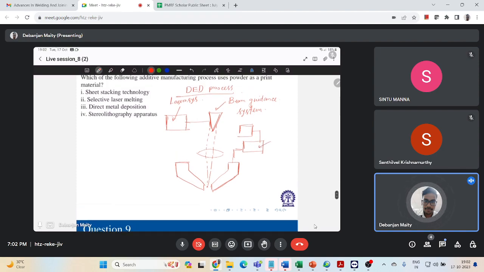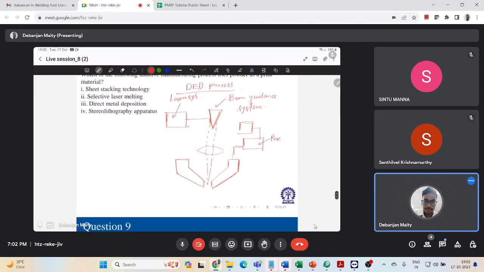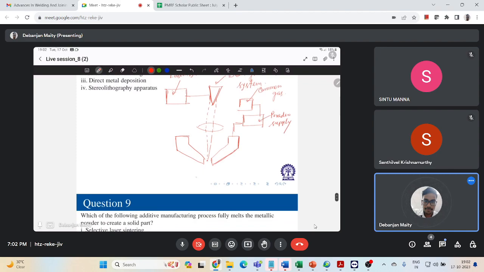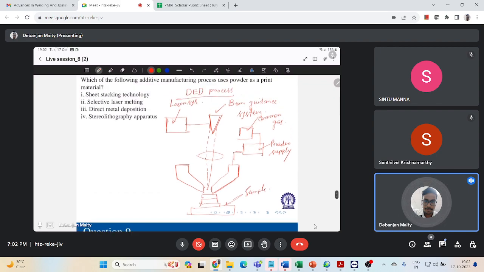This is my powder supply region, this is our carrier gas, and this is making this deposit over here. So that is a simple schematic of this DED process.